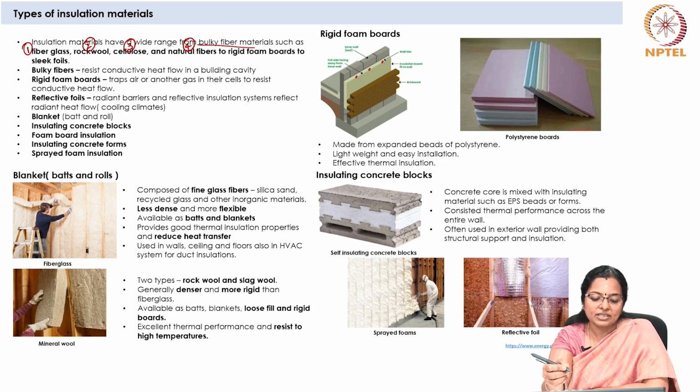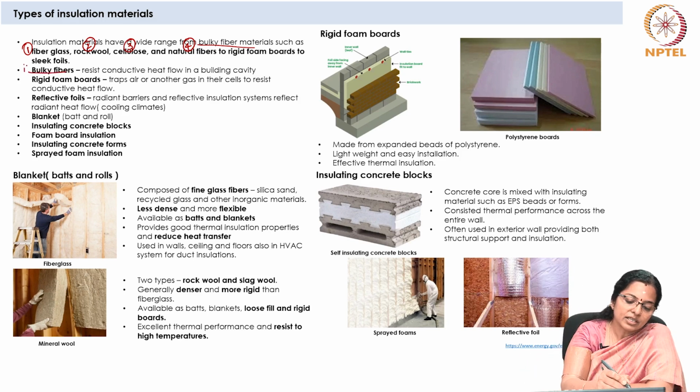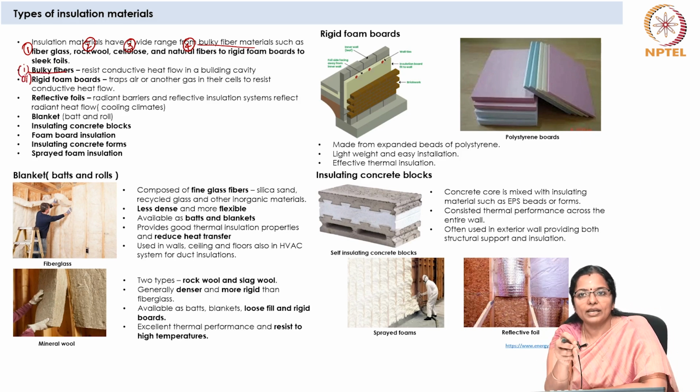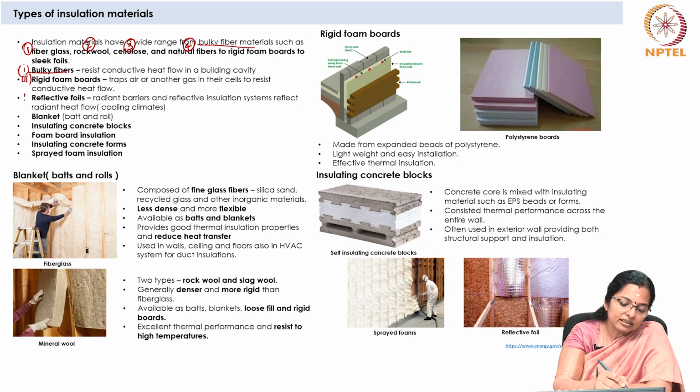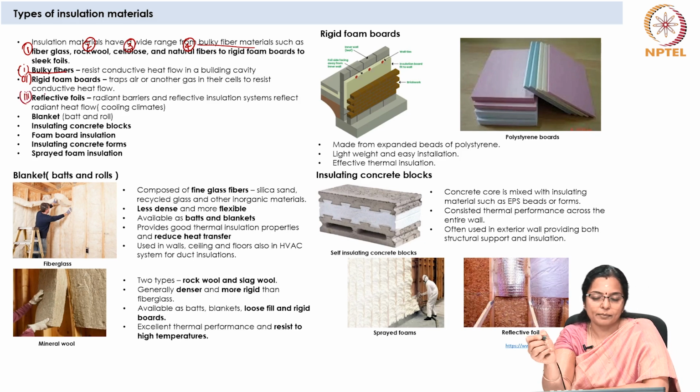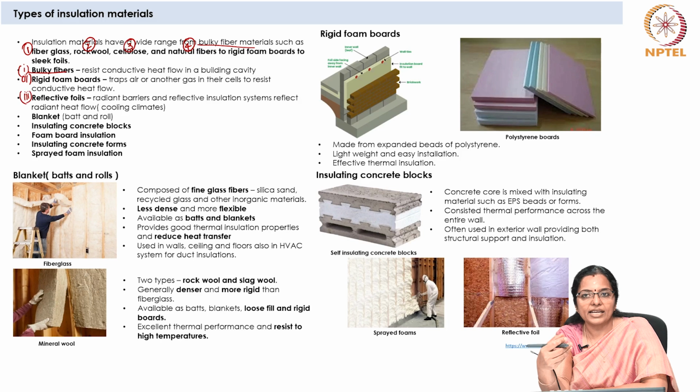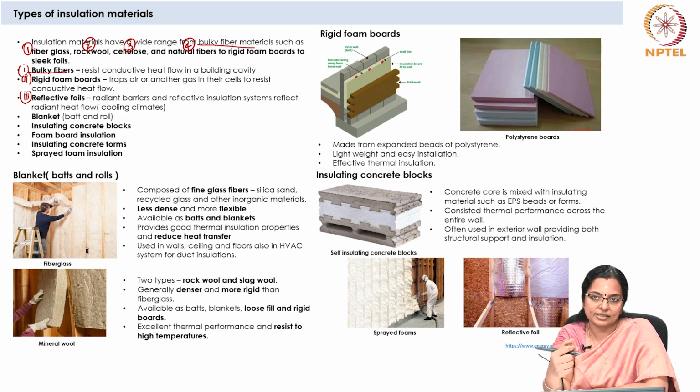The bulky fibers resist conductive heat flow in a building's cavity, whereas rigid foam boards trap the air or any other gas in their cells to resist conductive heat flow. Third is reflective foils. So, these are radiant barriers and reflective insulation systems. They reflect radiant heat flow, especially in the cool climates.